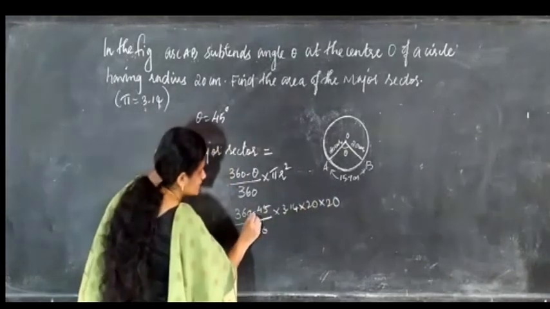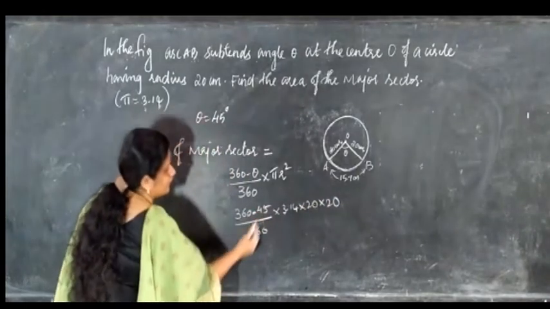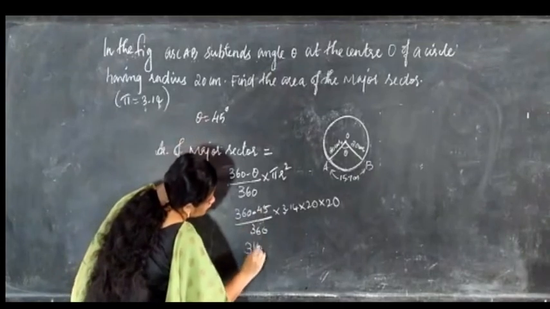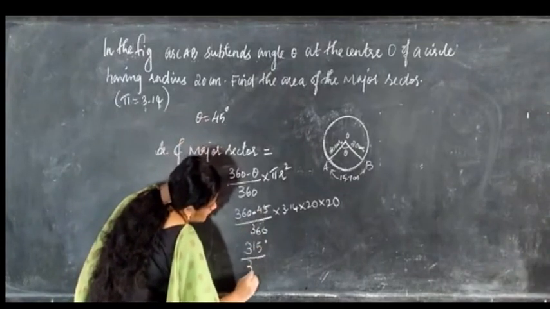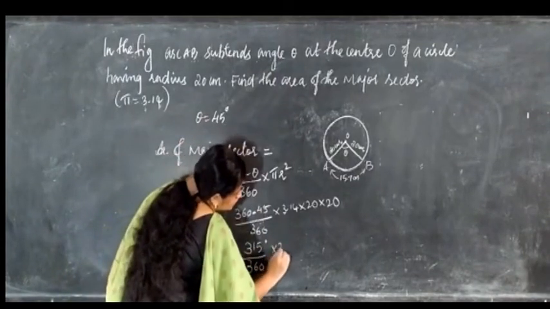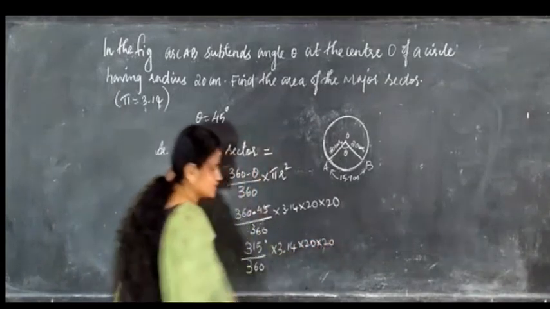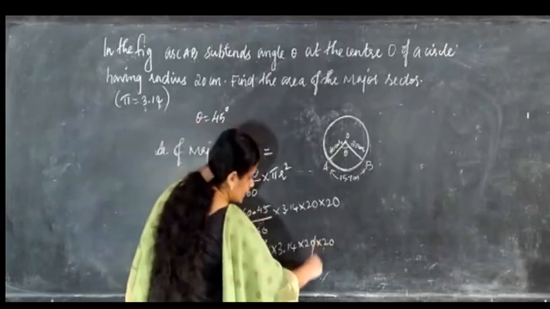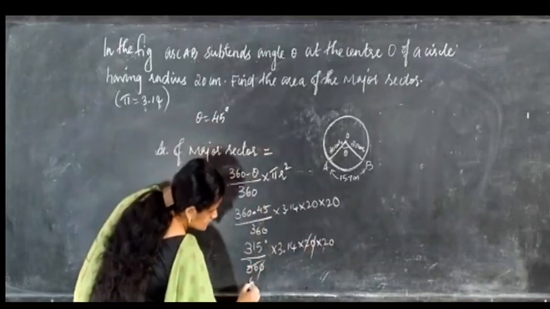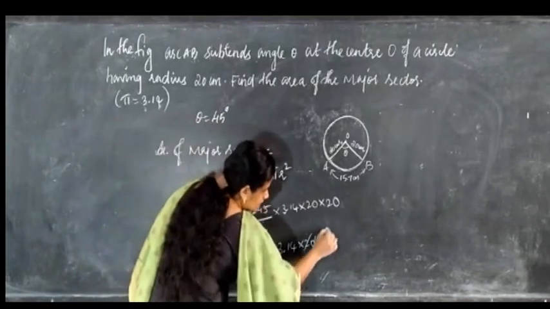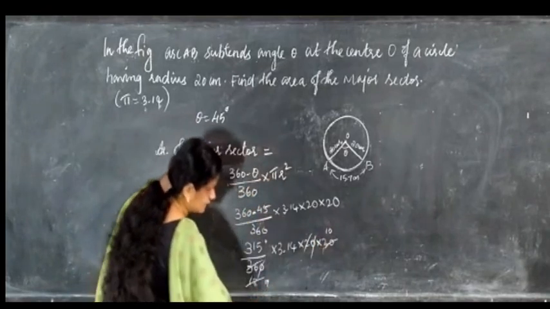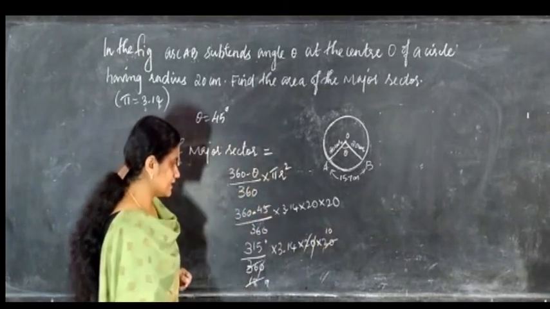What is 360 minus 45? 315 degree by 360 into 3.14 into 20 into 20. Now 0 we can cancel. 2 and 36, 18. 18 and 20, 10, 9.